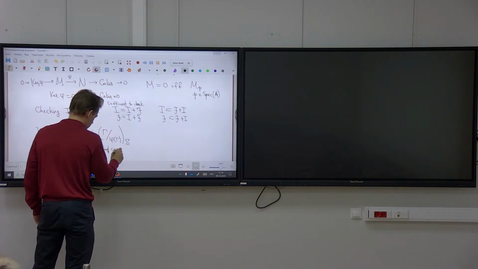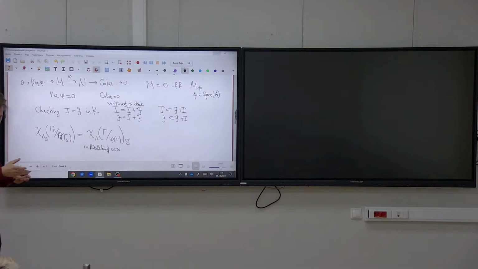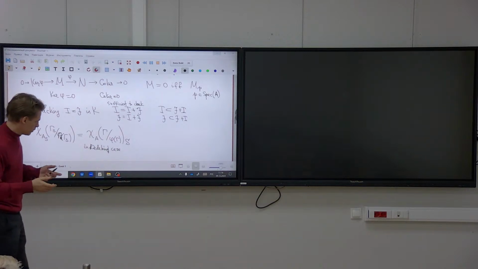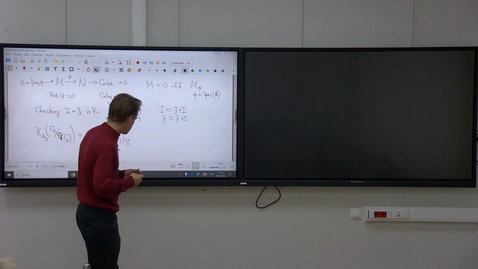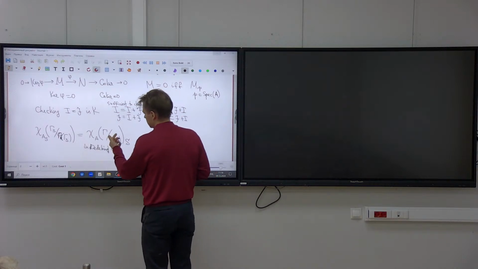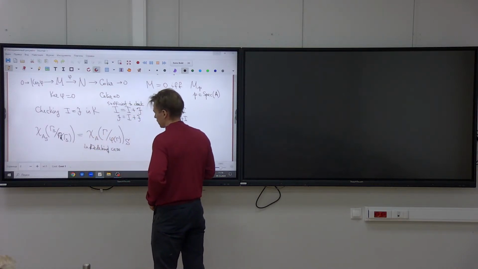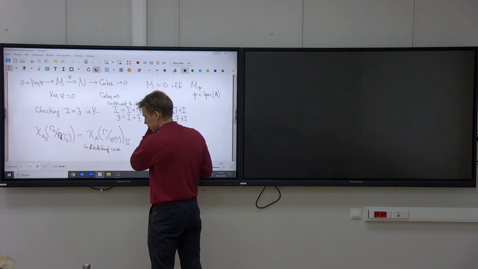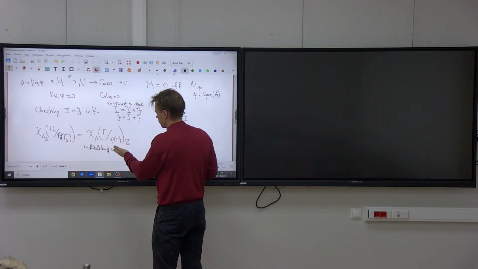Some localizations behave nicely with respect to maximal ideals, and some of them can kill more factors than you expect. But in the Dedekind case, the localization is taken over maximal ideals, and they are maximal and minimal at the same time. So this is an exercise.